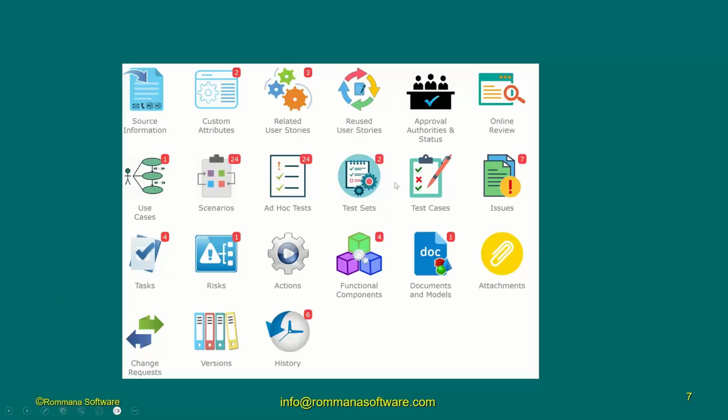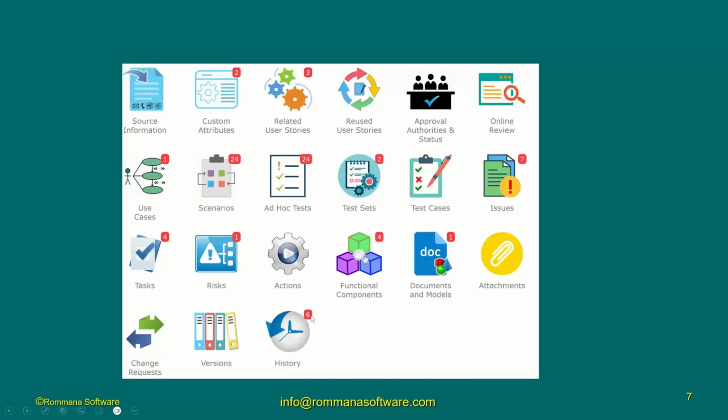So these are additional things you can do within Rommana ALM that you cannot do within ADO. For example, here is the history of the changes that happened to this user story over time.